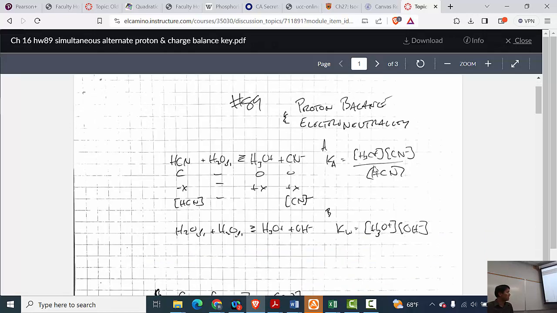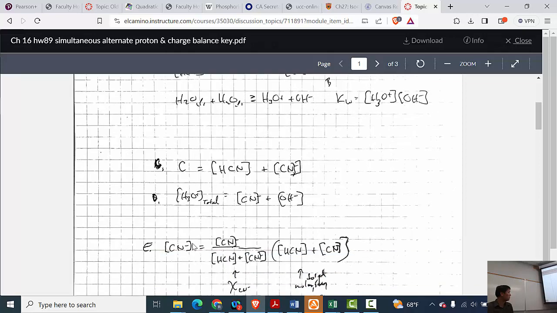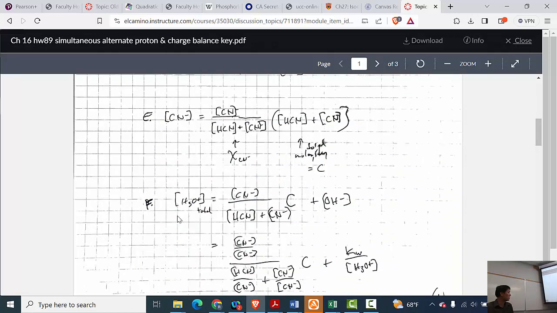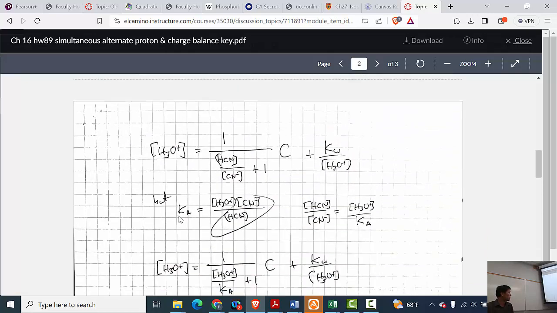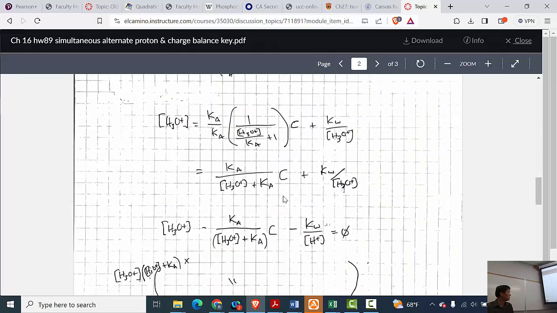So I come up with equation A, equation B, equation C, the concentration of cyanide, equation D, concentration of hydronium, equation E, concentration of cyanide, equation F, and then solve the system of equations here. So I go through solving the system of equations here.